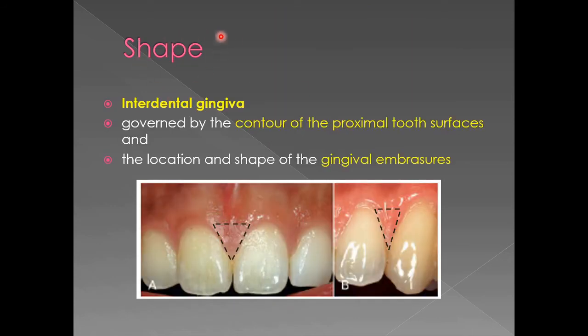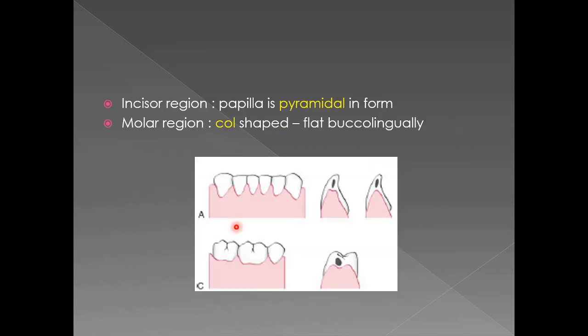Next being the shape. The shape particularly correlates to the interdental gingiva shape. So this is governed by the contour of the proximal tooth surface, how more curved it is or more flattened it be, and the location and shape of the gingival embrasure. So in detail, when you look into the cross section of an anterior teeth, the interdental gingiva or the interdental papilla is more of a pyramidal in form.